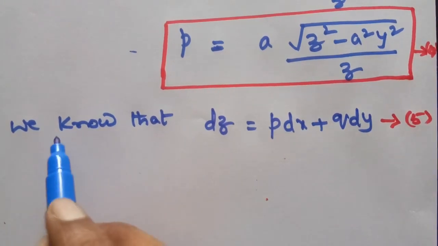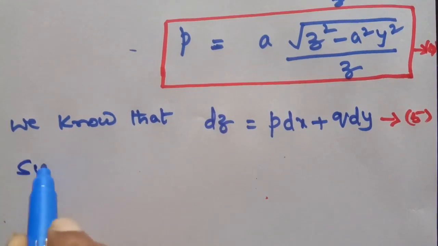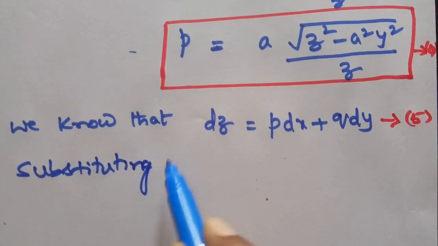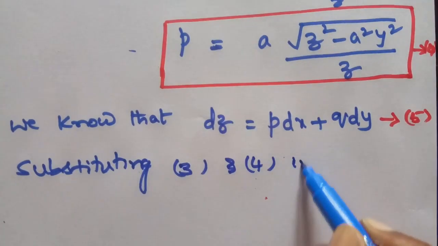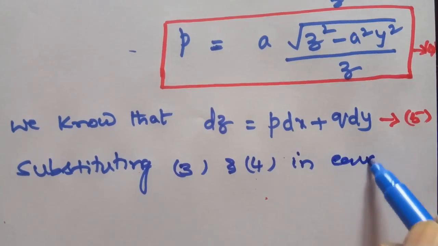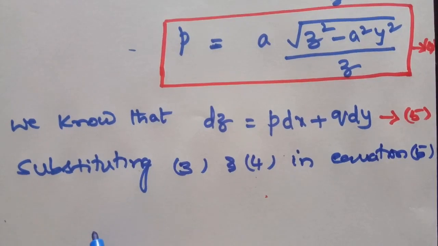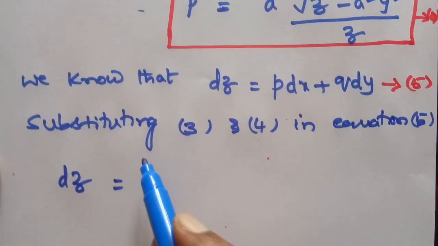So therefore, substituting 3 and 4 in equation 5, that means substituting the values of p and q in equation 5. That is dz is equal to p dx.